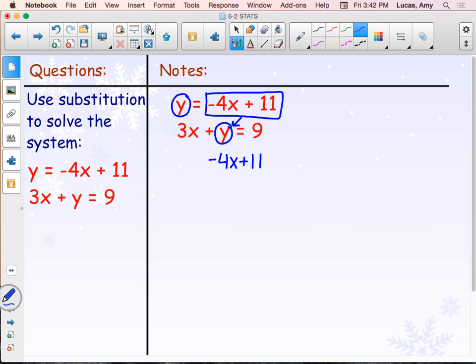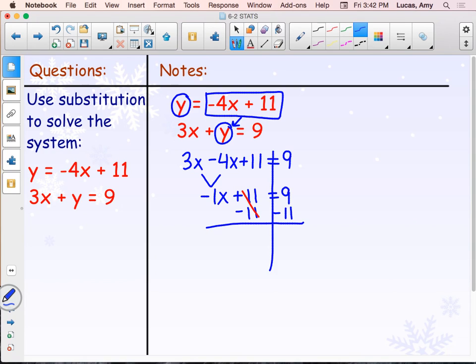The rest of that bottom equation stays, so the 3x and the equals 9 I'm going to use to help me find my solution. 3x minus 4x is negative 1x, plus 11 equals 9. Subtract 11 on each side. Negative 1x equals negative 2. Then divide by negative 1 on each side, and x equals positive 2.